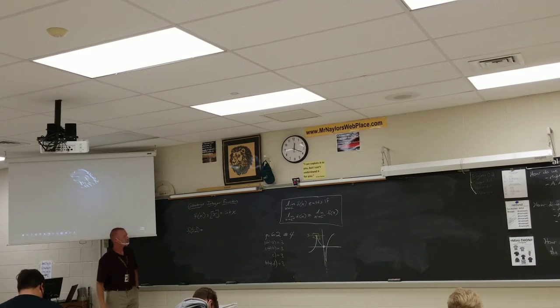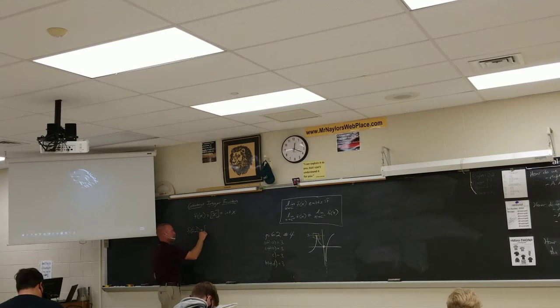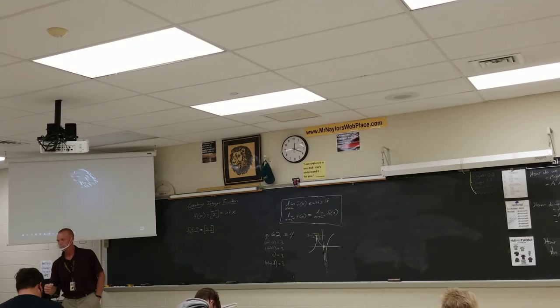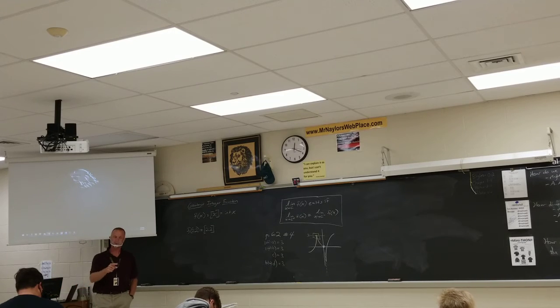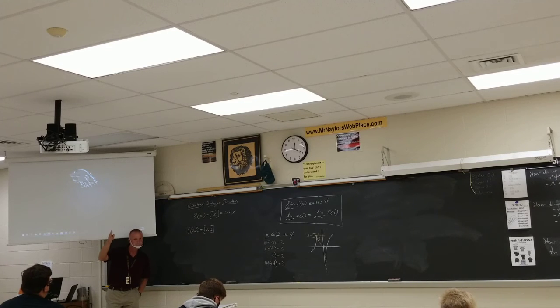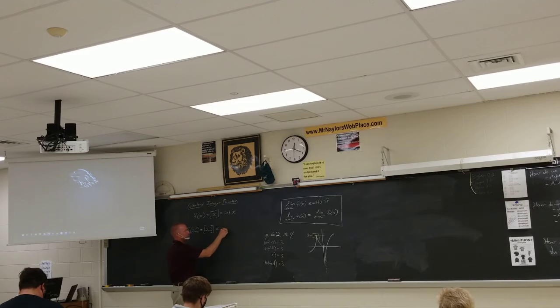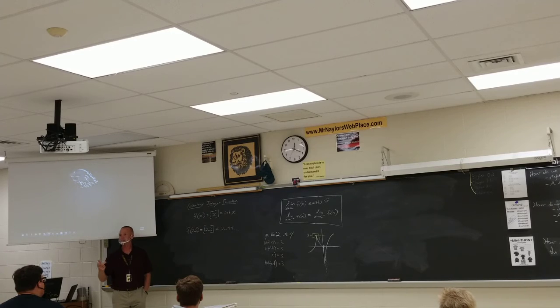So if I input 2.2 into this function, the output would be the greatest integer that's not greater than 2.2. It would not be something like 2.19, because that's not an integer.